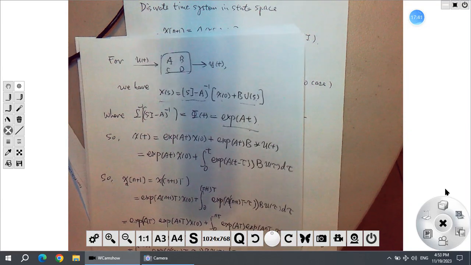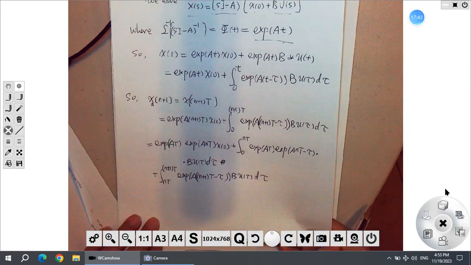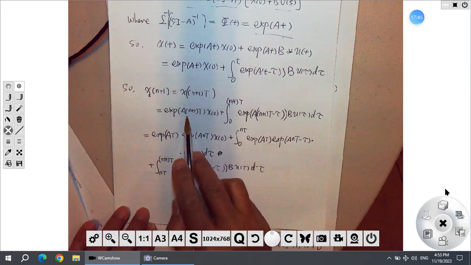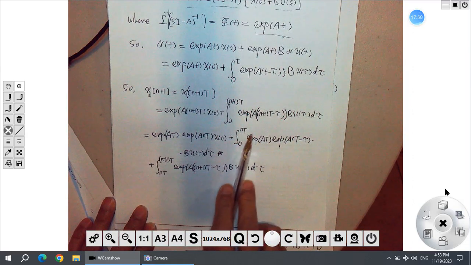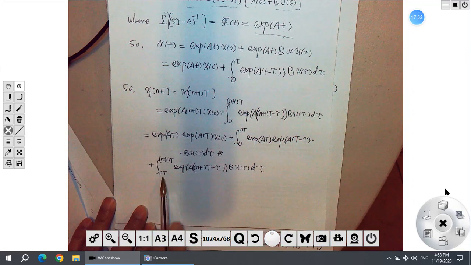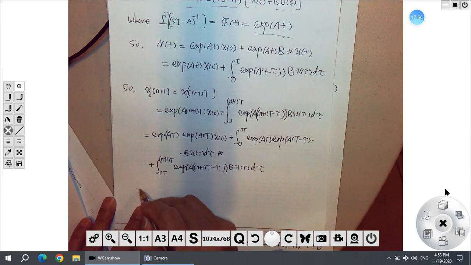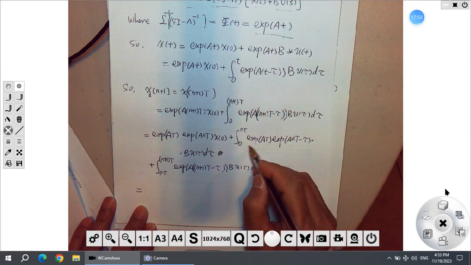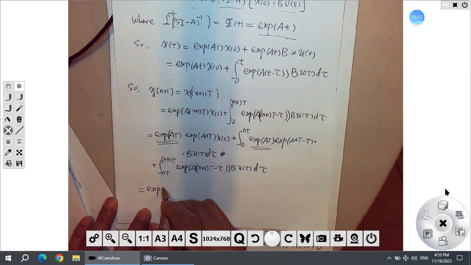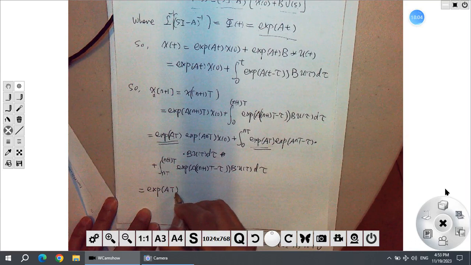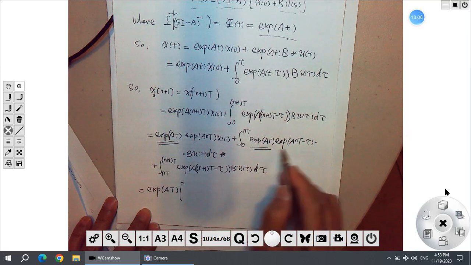Okay, a little bit long, right? So the integral, I write it now. I have three terms. This one plus this one, and the last one more term. Okay, the first two terms both contain the exponential power of AT. So I put them together in the front, and then the input part is what?